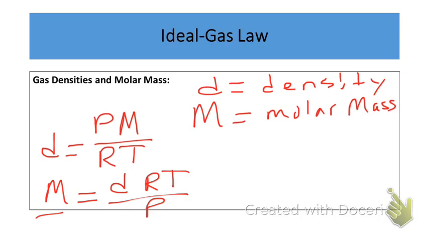We will do some problem solving with those two equations, so just be familiar with them. But again, right now, all I want you to know is PV equals nRT. Know what the R values are, and be ready in class to solve some problems using PV equals nRT. So that is it for this lecture video.